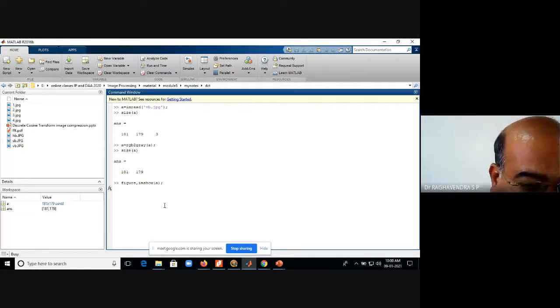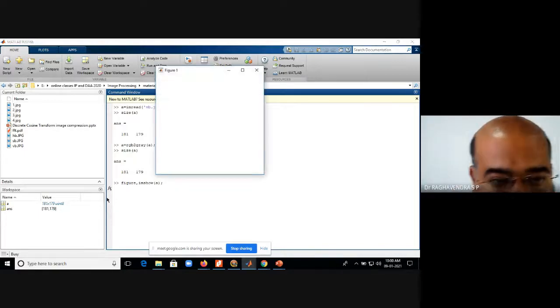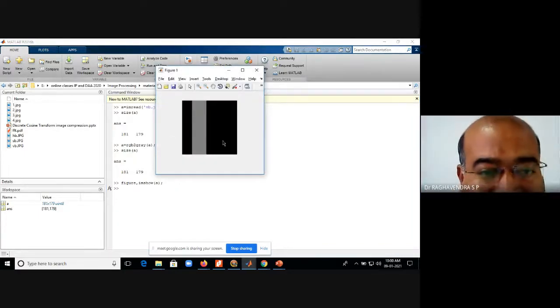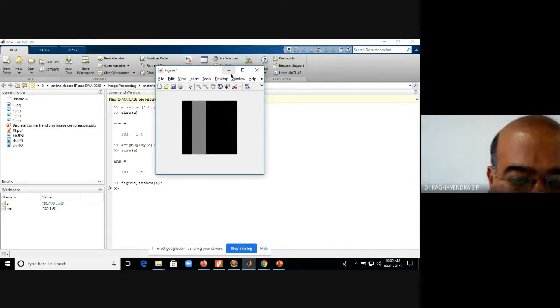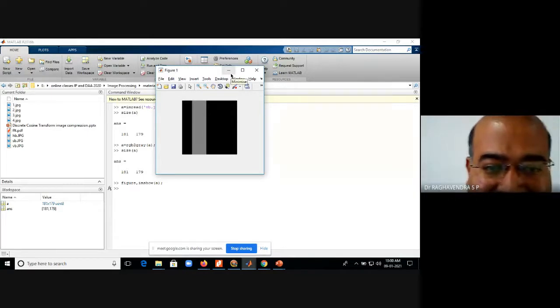It is in the busy state, Matlab always consumes some RAM. Okay, fine. Now you can see this image contains a vertical bar, only vertical bars. Since it contains vertical bars, only horizontal components are present here. How these horizontal components are present, let us find out using DCT.